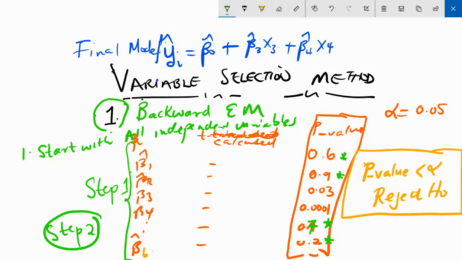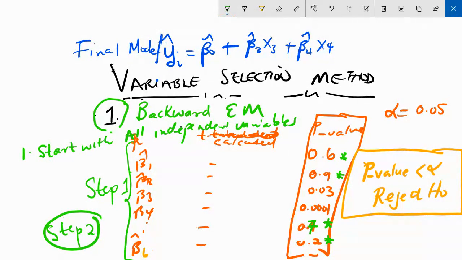The one which is highly insignificant, you remove it from the model. You repeat the process until the remaining independent variables are significant. So the system will only stop when the remaining independent variables in the model are significant.